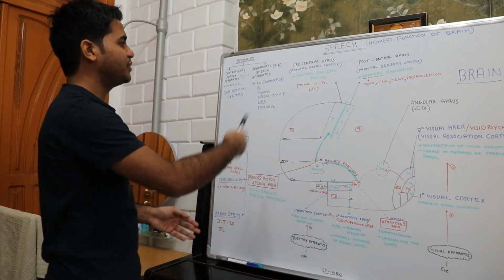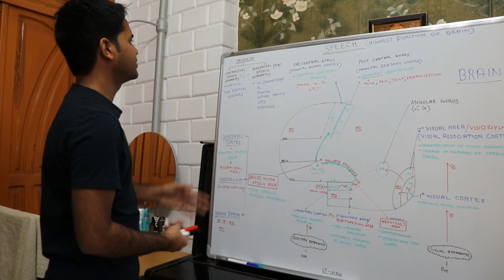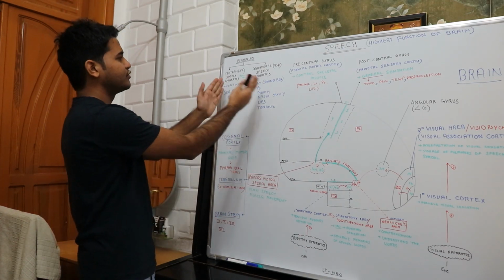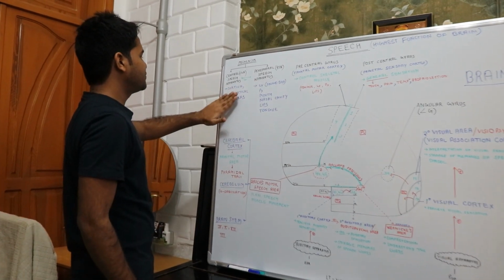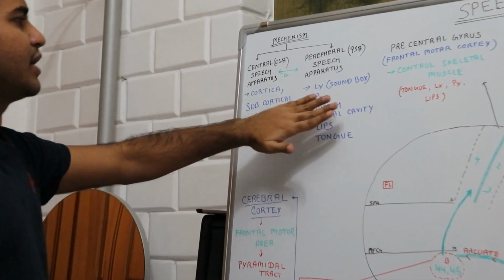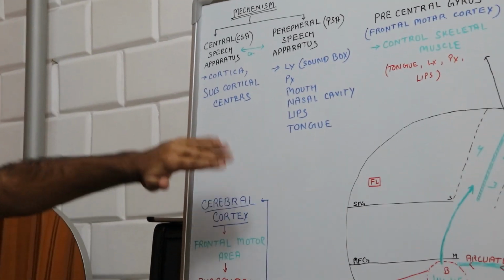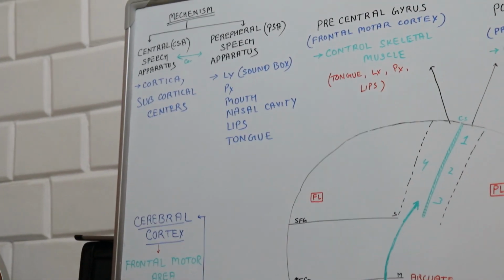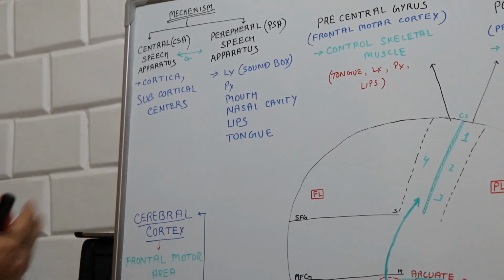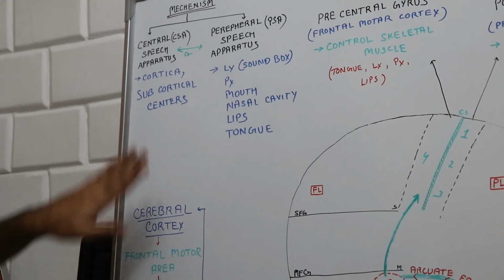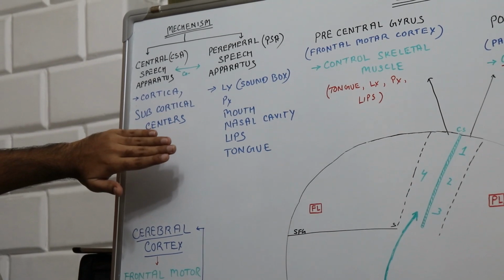So speech has a complex mechanism. This complex mechanism is divided into two parts: central speech apparatus and peripheral speech apparatus. The central speech apparatus is the highest center in the brain, with the cortical center and the subcortical center.